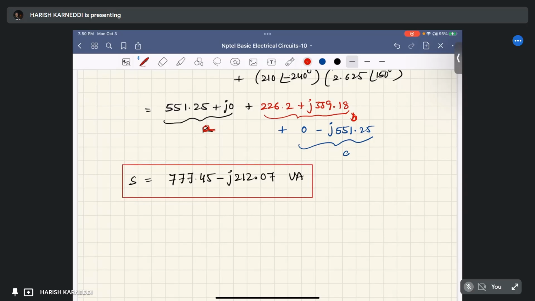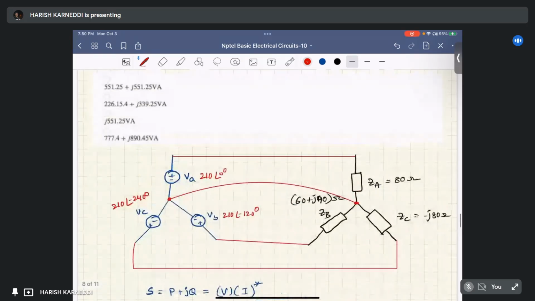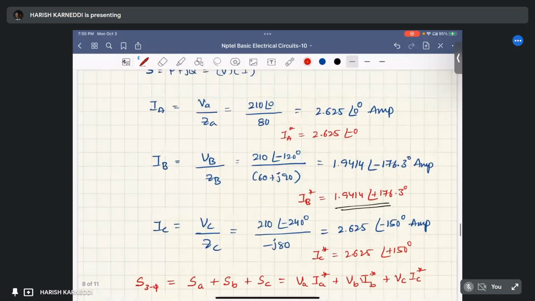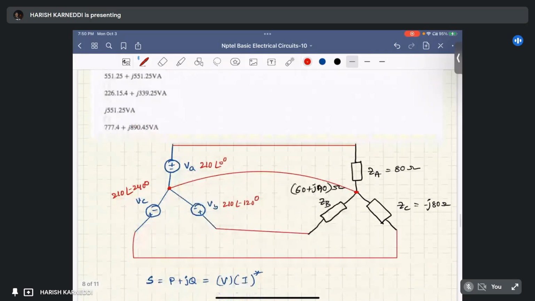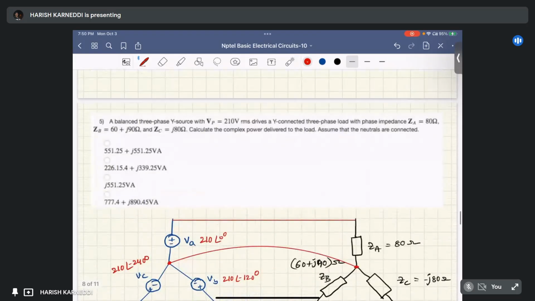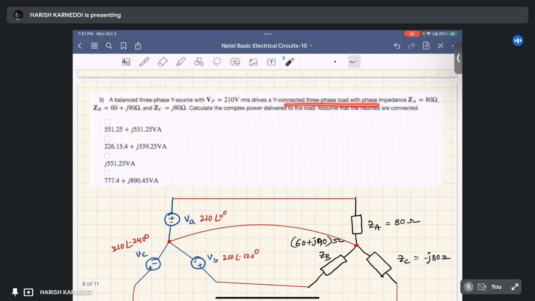Okay, why we calculated like this is, first, here is a balanced three phase star connected supply, Vp equal to 210 volts RMS. It is a star connected load, and ZA equals 80 ohm, ZB equals 60 plus j90, and ZC equals j80.